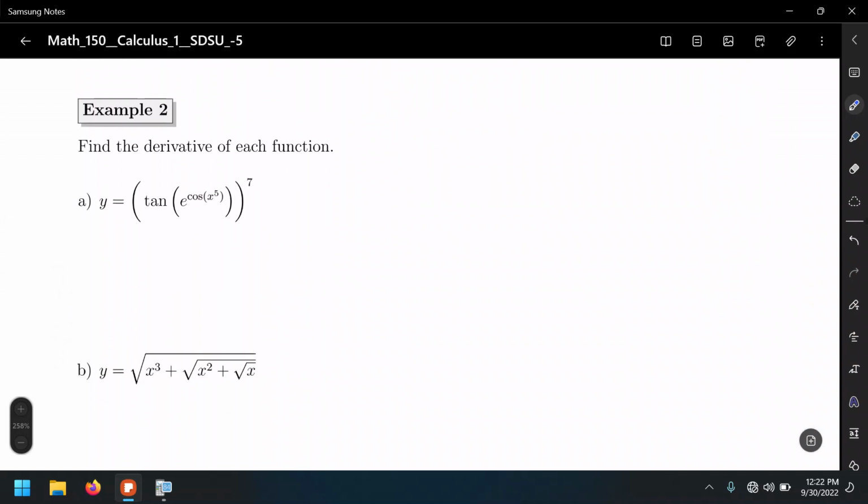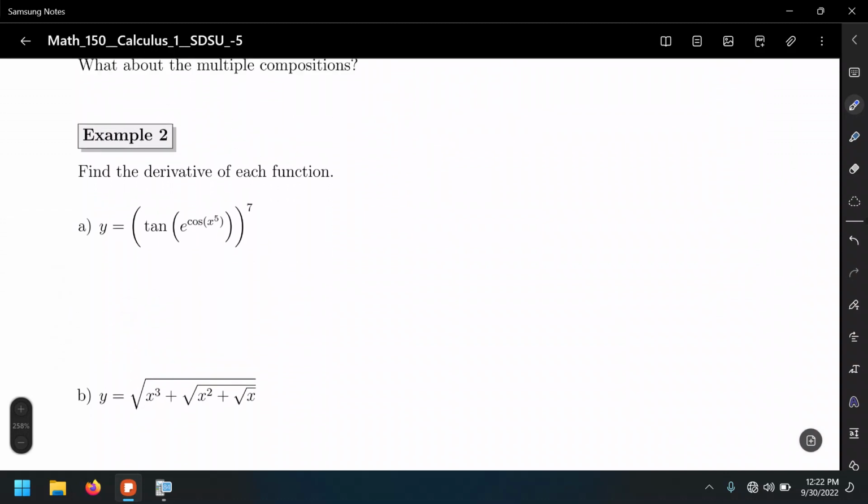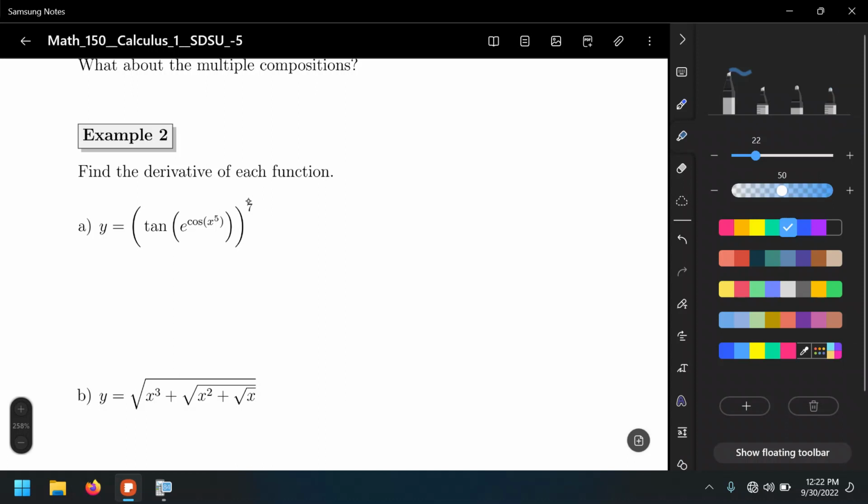So we're going to take the derivative of this function. How are we going to look at it? Well, let's look at the different layers. All right. Let me highlight using different colors. So we have the outermost layer, which is something to the 7th power.